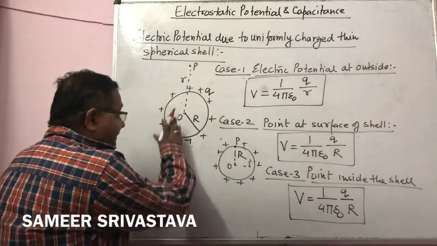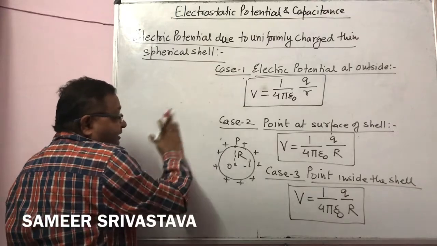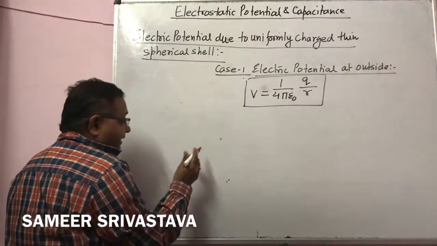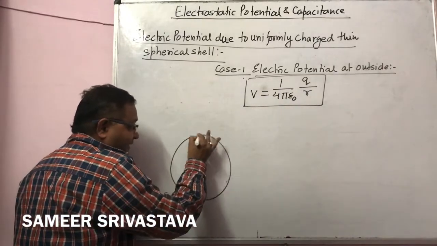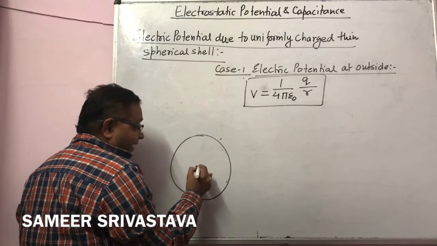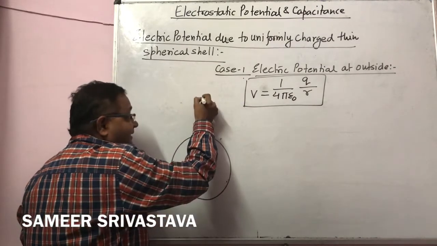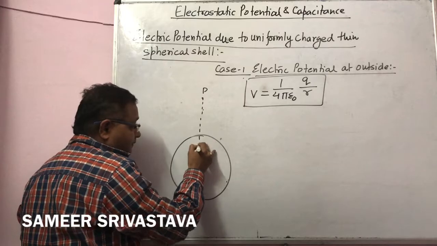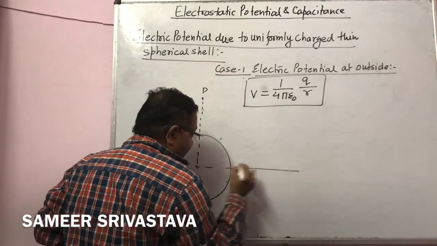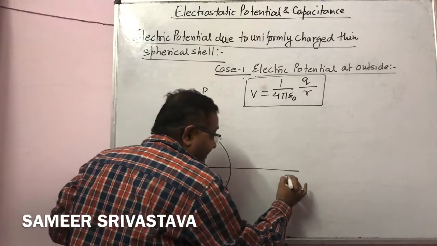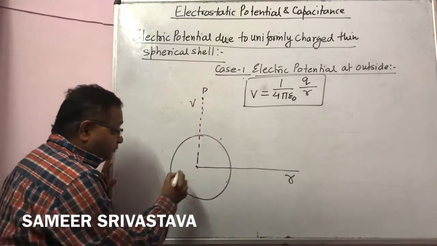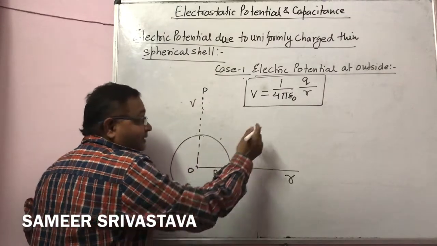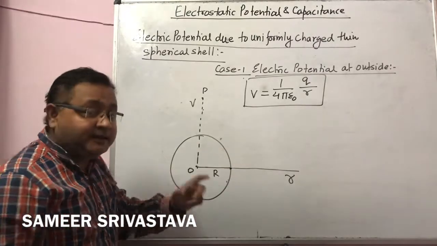Clear? Now if we want to make the graph of the variation of distance and potential, look here, this is a spherical shell of radius r, and here the point P. So if we want to make a graph between the variation of distance and potential, from 0 to r the potential is the same, because in cases 2 and 3 the formula is the same.